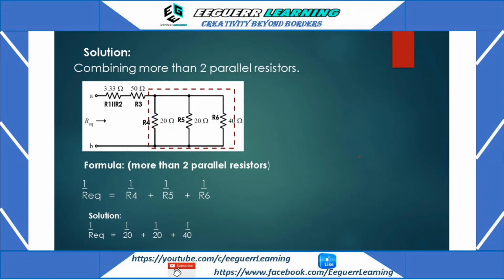So we're going to replace the values for R4, R5, and R6, which is for R4 that is 20 ohms, and place it here, and for R5 that is 20 ohms, and this is the 20 ohms for R5, and for R6 that is 40 ohms.